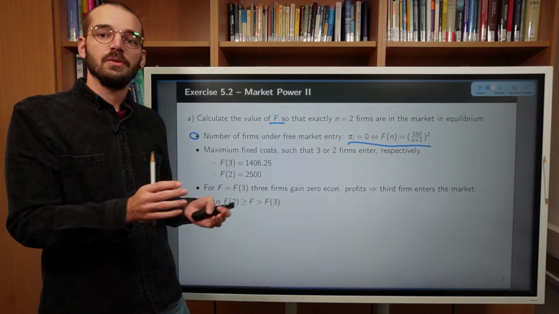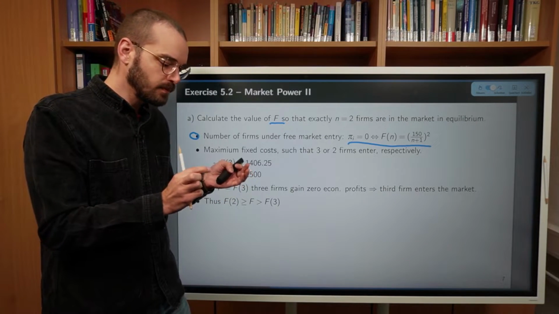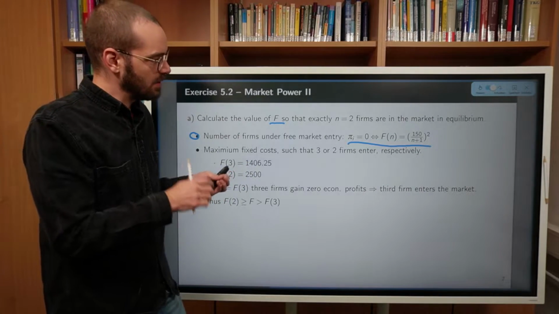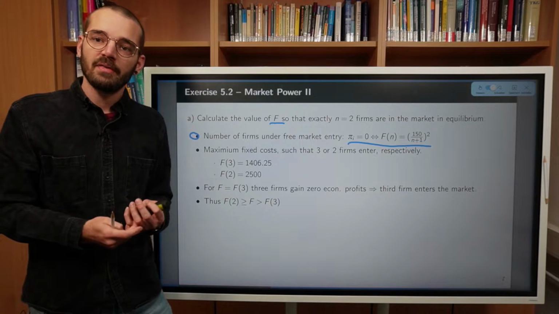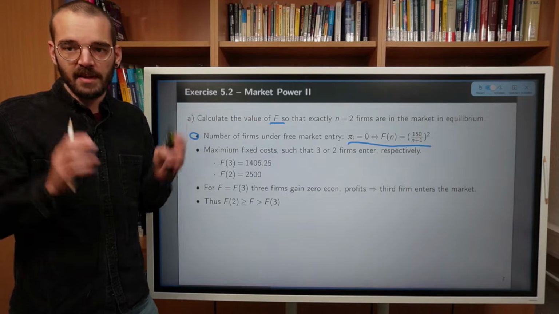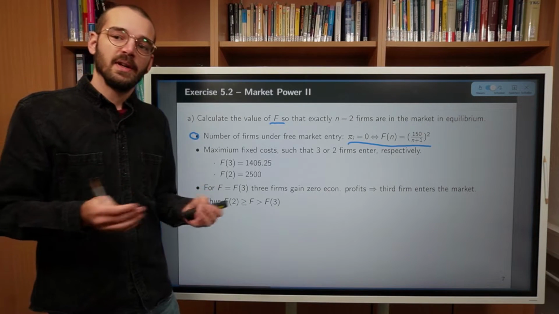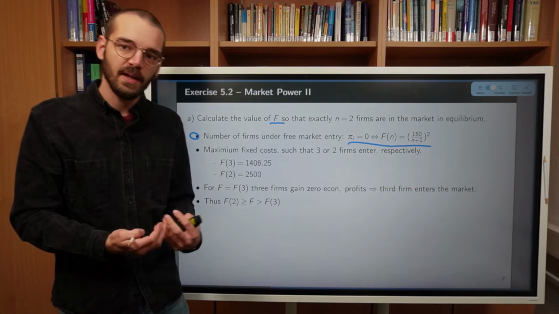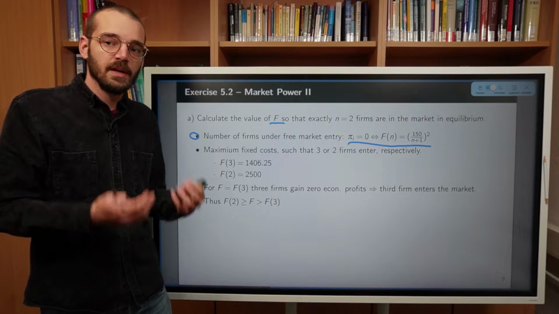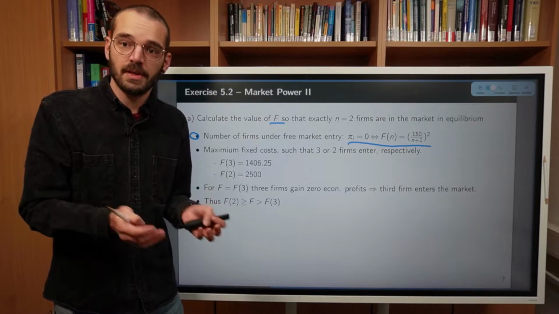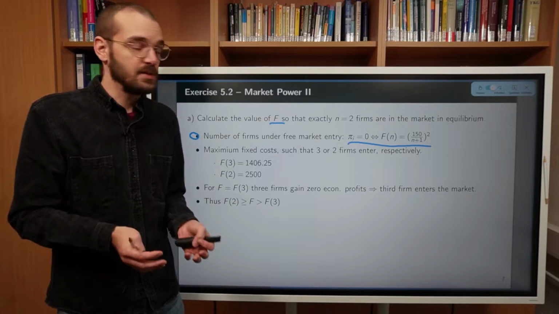As long as positive profits are to be expected from a firm thinking about entering the market, it will enter. This will happen until there are no longer positive profits after entering, considering the number of firms after entry.